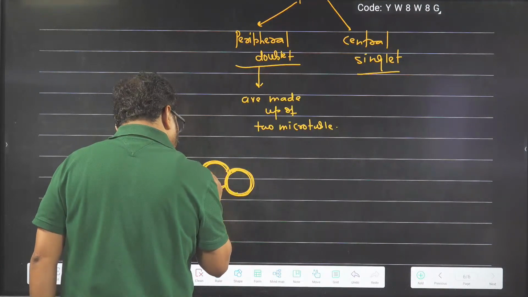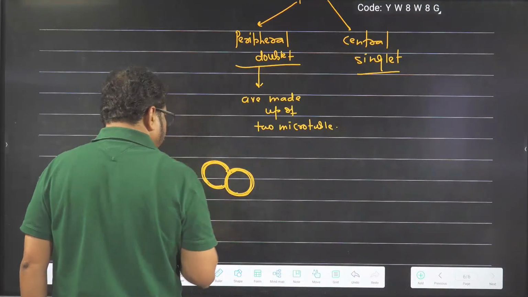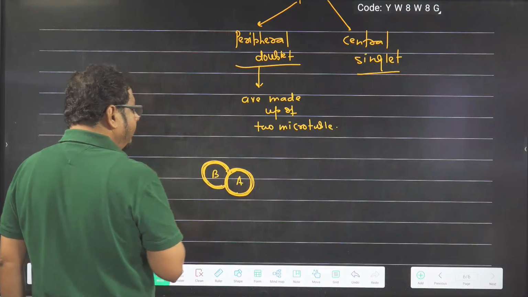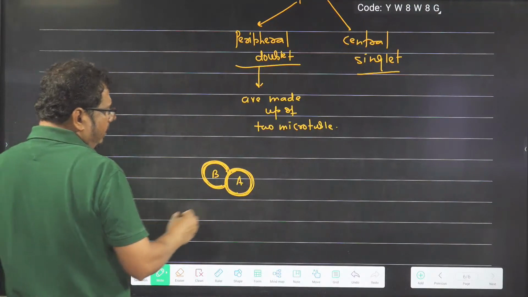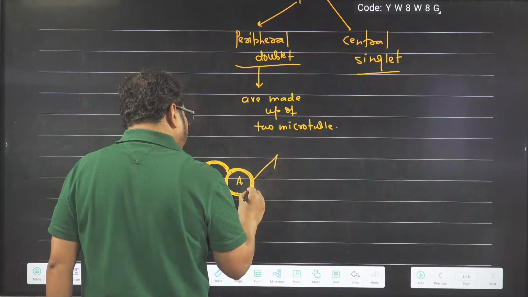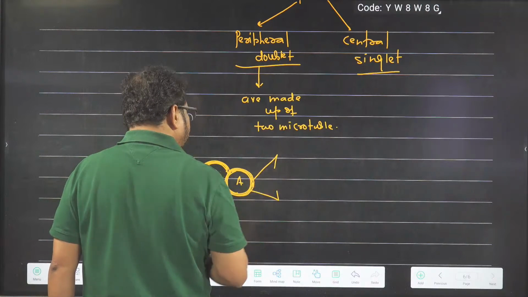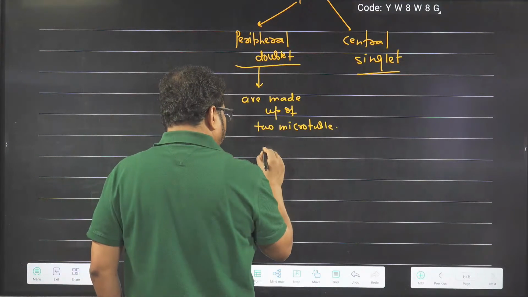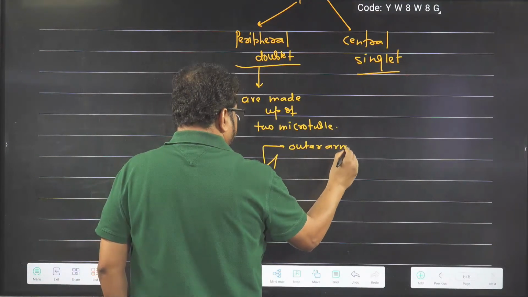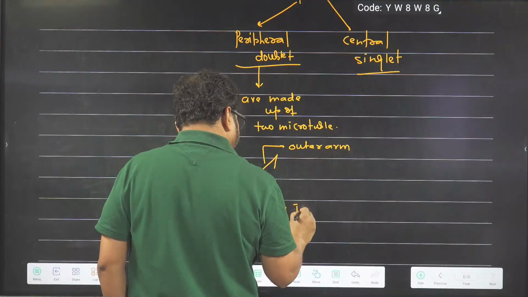So 2 microtubules are there in a doublet. It is called the A tubule and the B tubule. And with the A tubule, arms are attached. It is called the outer arm, and it is called the inner arm.